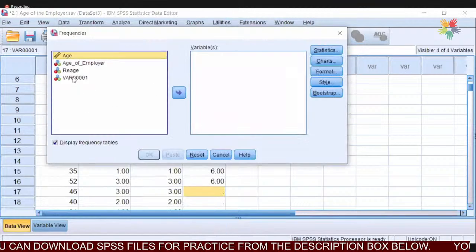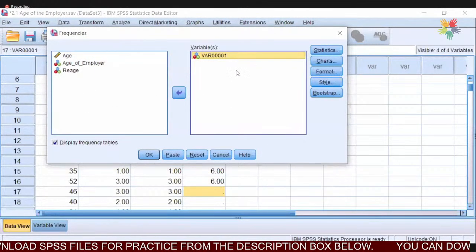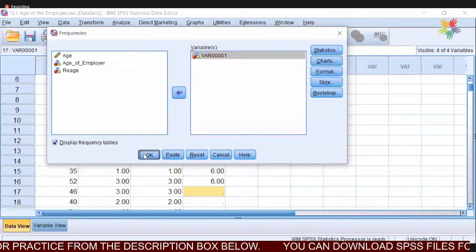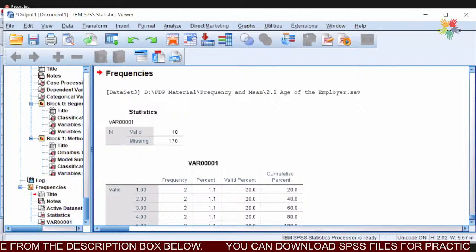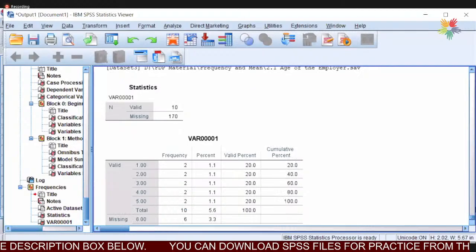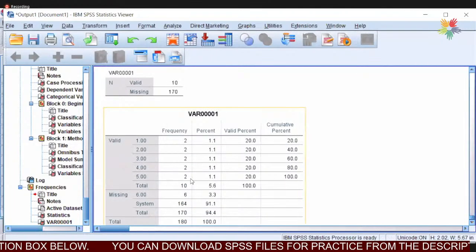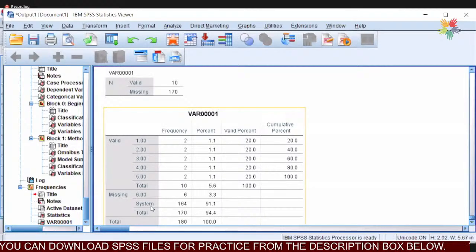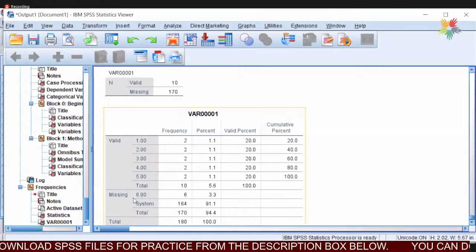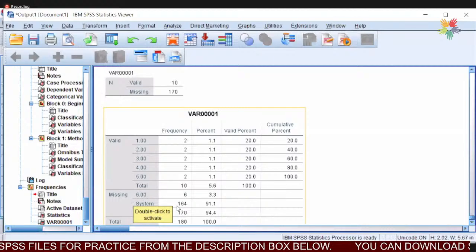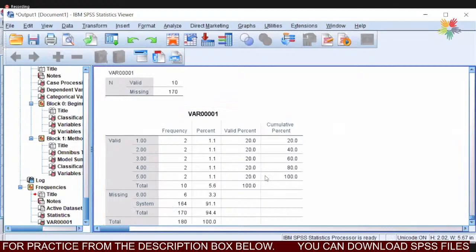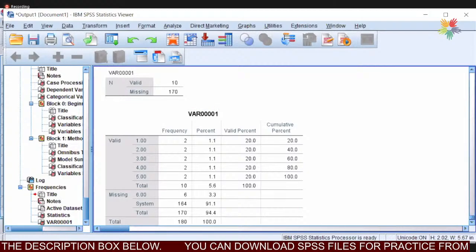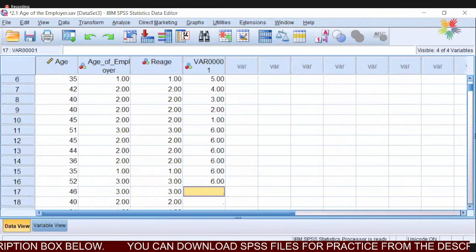See here, up to 5, and 6 is also considered missing. System missing means not filled. By giving some value, you have marked it as missing. That is the use of the missing option. But you have to use an if condition to fill this; otherwise, you have to go to each one and fill it in.